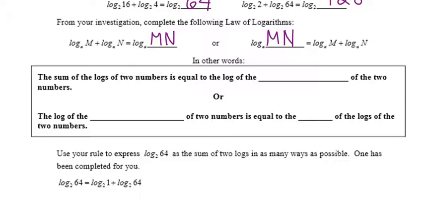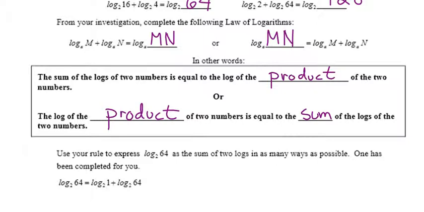It's like elementary school. Multiply two numbers together, the result is called the product. Is equal to the log of the product of the two numbers. Or the log of the product of two numbers is equal to the sum of the logs of the two numbers.